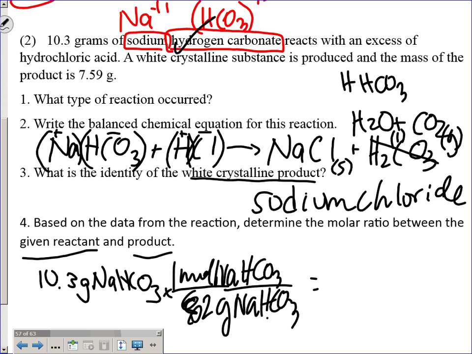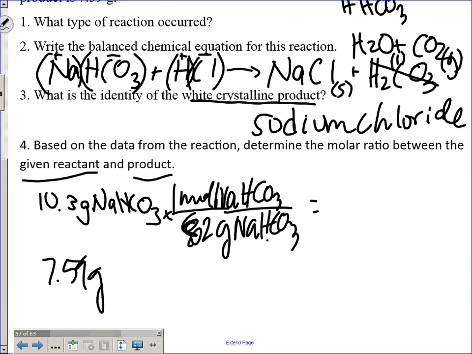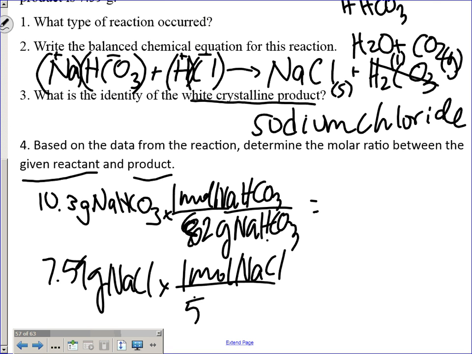So take the 7.59 grams of what? And convert it to moles. 1 mole of sodium chloride is 58.55. Yeah. Something like that. What does that say on the bottom? 82.